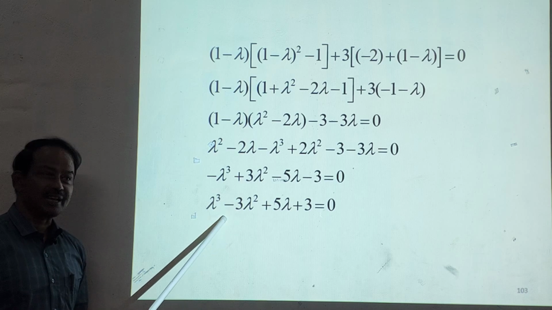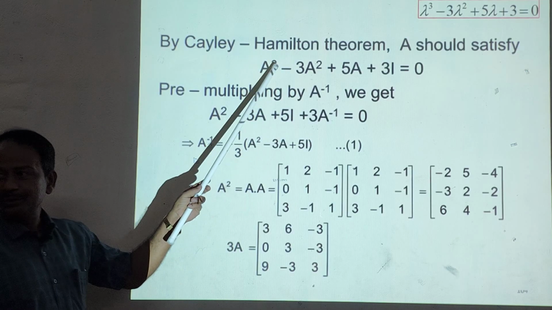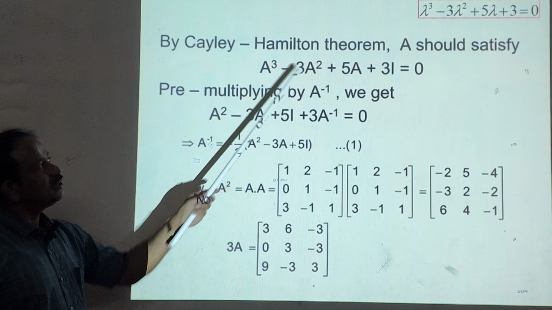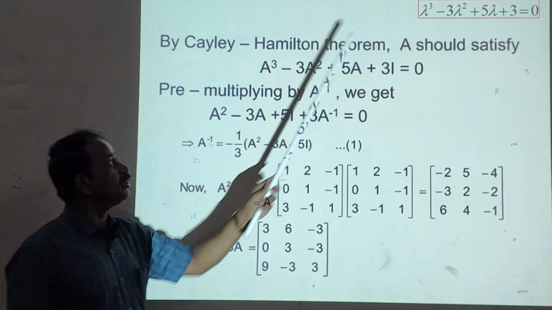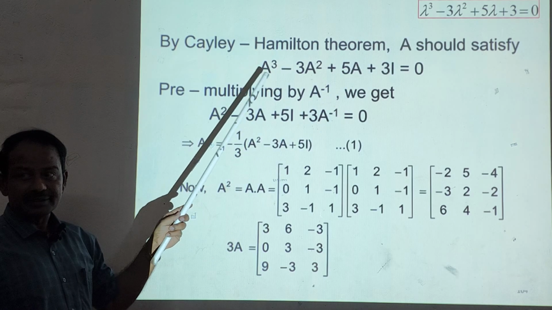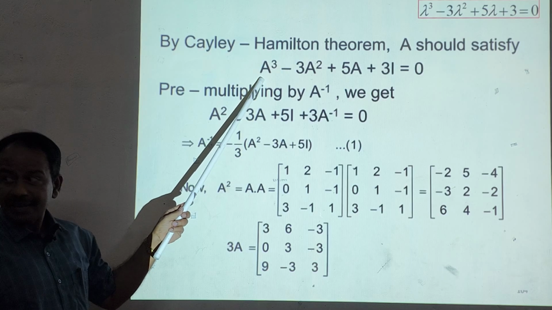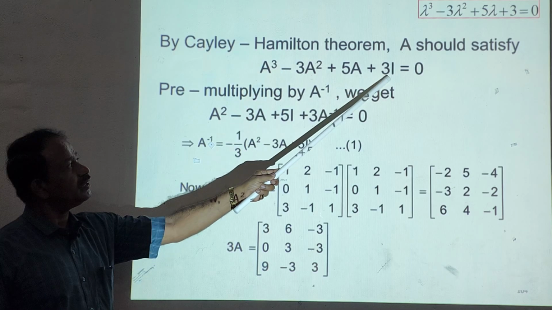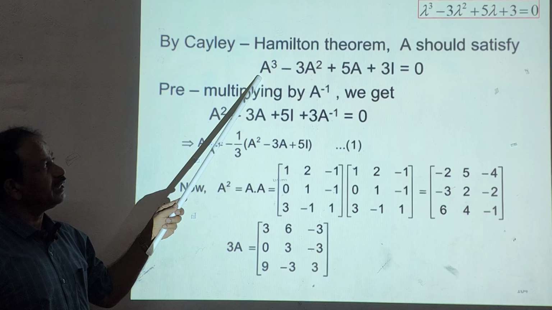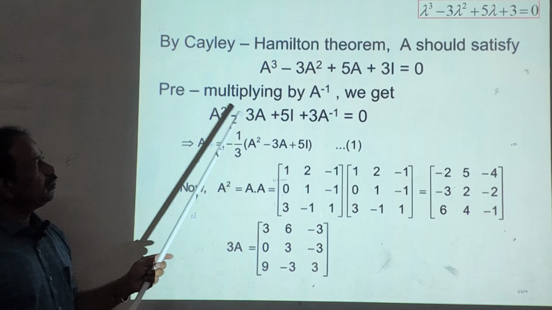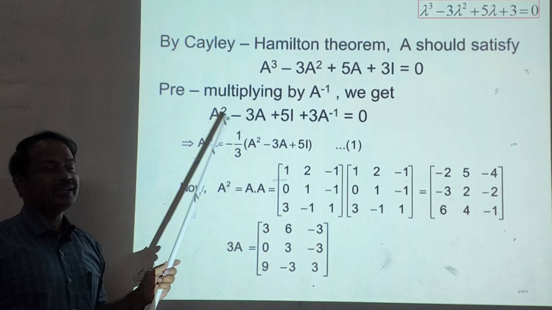So we will have to replace lambda by A using the Cayley-Hamilton theorem. This is the characteristic equation, and we are going to replace lambda by A. So that will be your Cayley-Hamilton theorem. Now just multiply with A inverse.